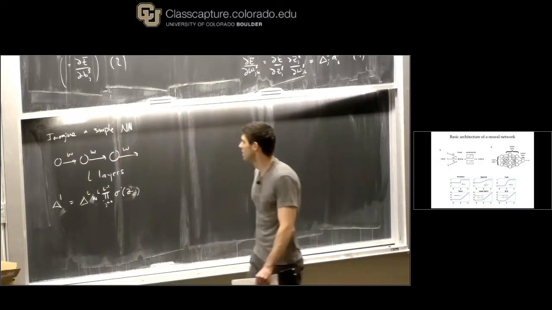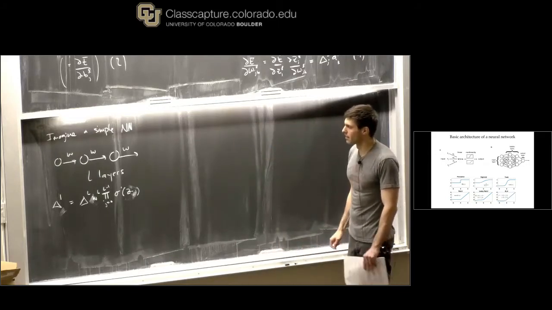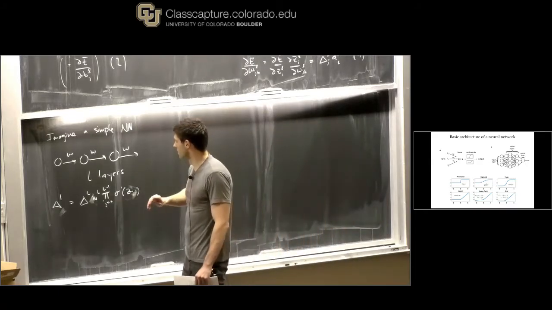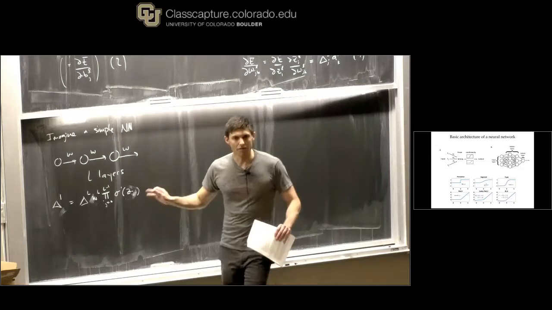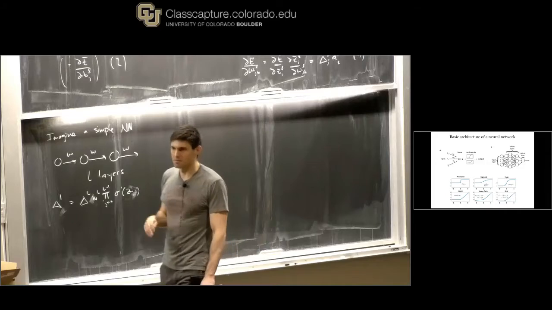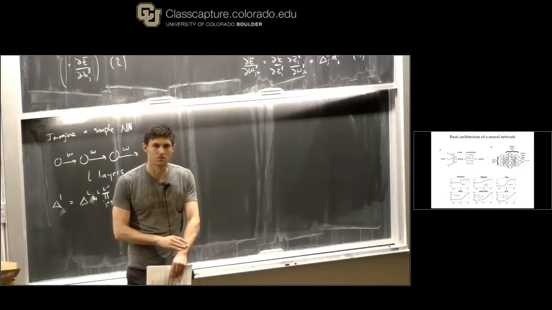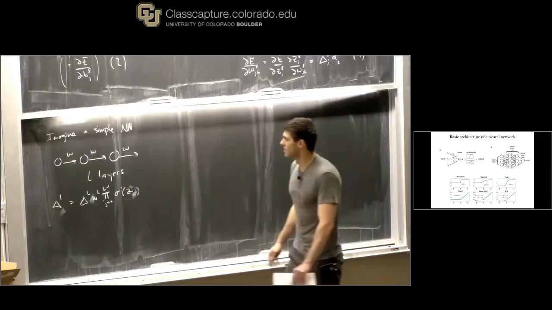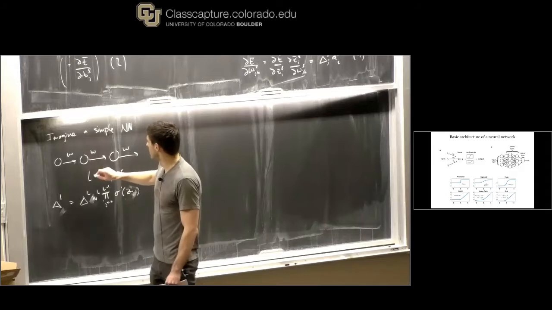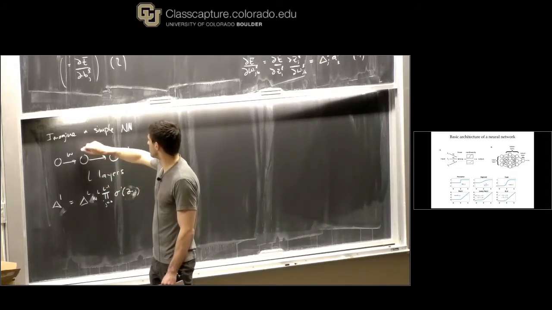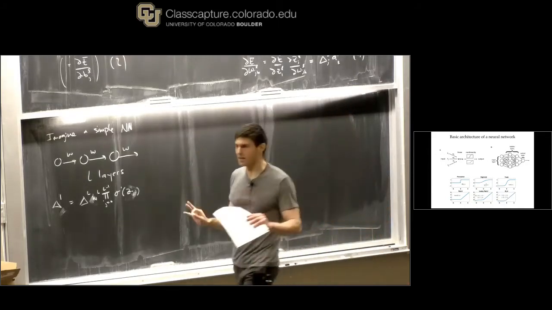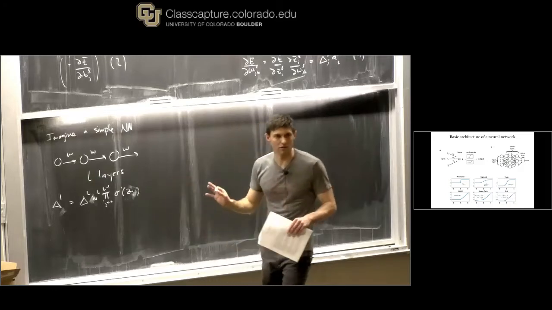There are a number of other architectural tweaks that are used for various reasons. One of them is related to this issue of vanishing and exploding gradients, which I'm not planning on talking about because it starts getting a little bit too engineering flavored. There's something called residual connections or ResNets, where you have connections that just propagate information forward without any change, and that can help with trainability.